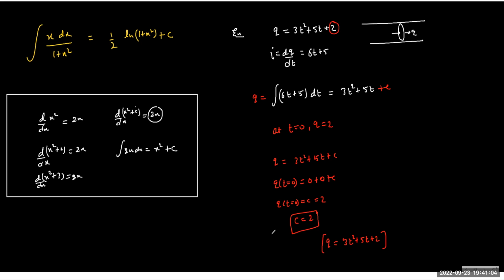In maths, because we are not solving any real life problem, we just solve numericals, we just integrate. So there we only write c and we are happy with it. In physics, we have to substitute c with some meaningful answer, which we do using the initial condition. So this is called the method of initial condition. I mean, of course, you find the unknown using the initial condition or some condition.